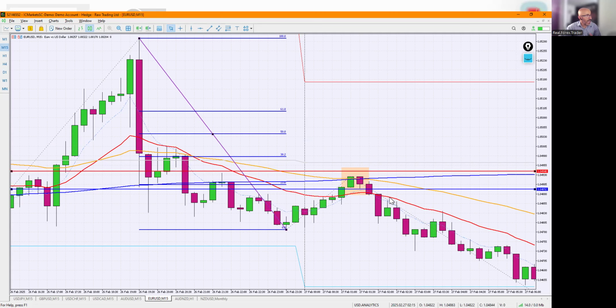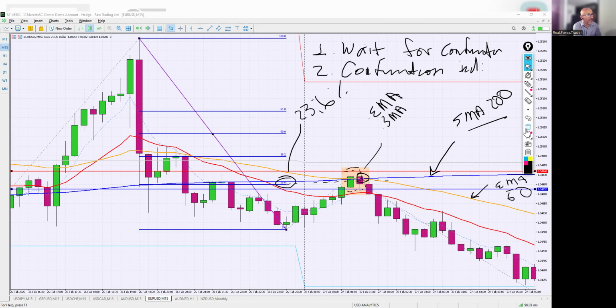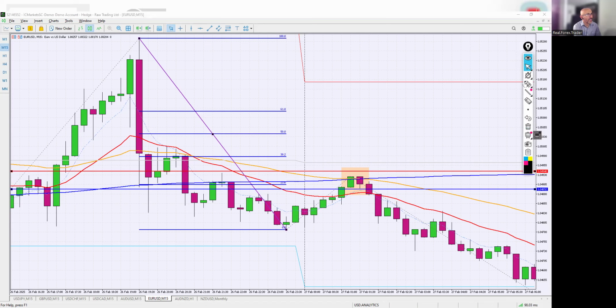So this is my stop loss. Now, remember what I mentioned in previous videos, my ratio could be, for example, 1 to 3. So if my stop loss is 5 pips, my take profit might be minimum 10 pips. So it could be 10 pips or 15 pips, okay?